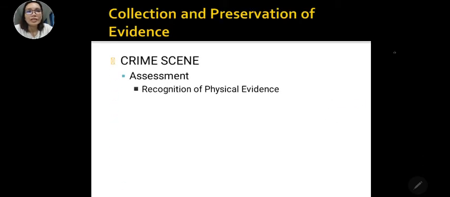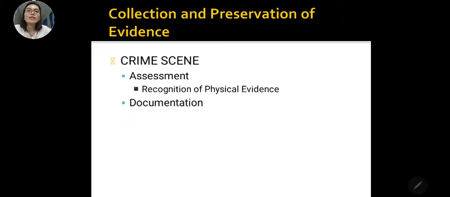So we have to assess the crime scene to recognize the types of physical evidence that may be present. So for example, in a shooting incident, pwedeng makarecover tayo ng mga fired cartridges, pwedeng firearm. Kapag naman stabbing incident, pwedeng merong knife tayong ma-recover, mga DNA specimens also.